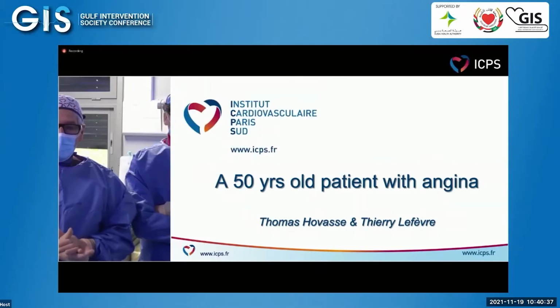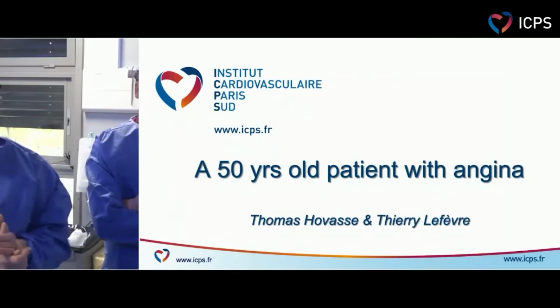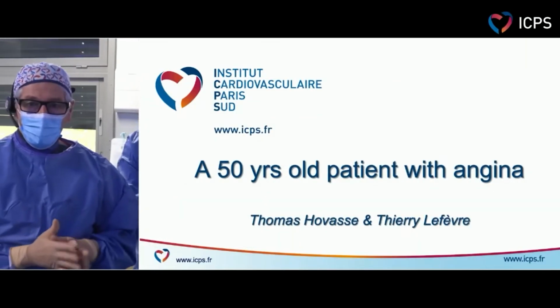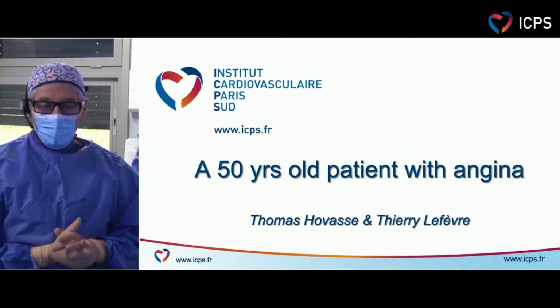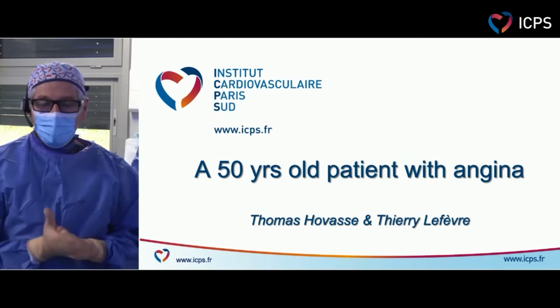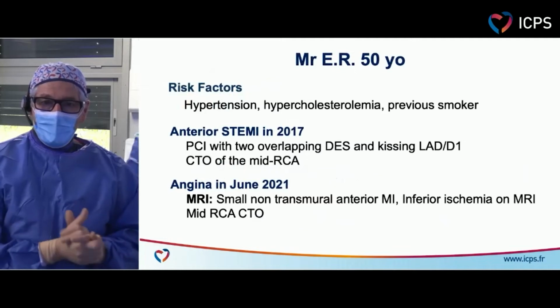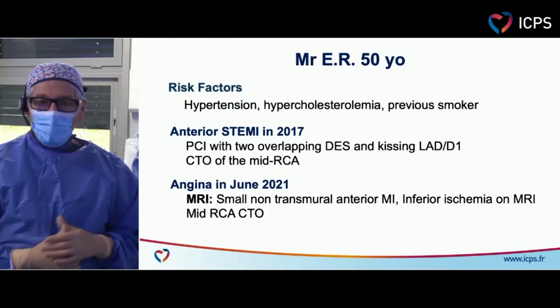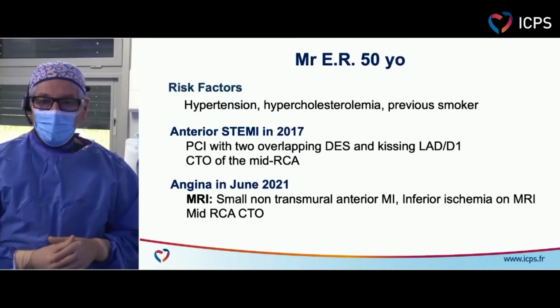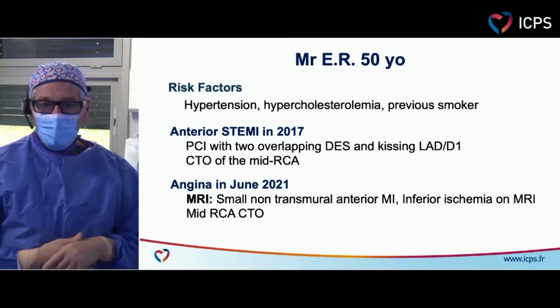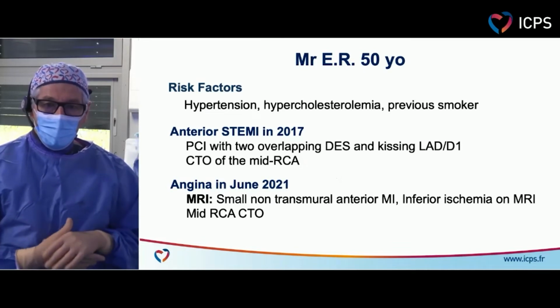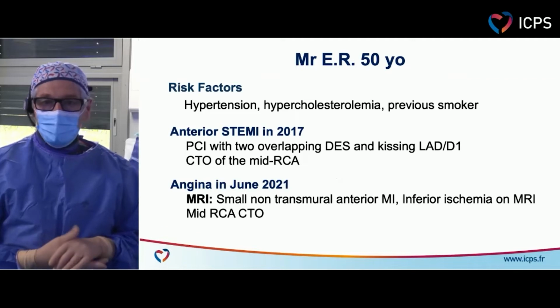Yes, so it's a young patient, 50 years old, who came with angina to our hospital. He had a lot of risk factors: hypertension, hypercholesterolemia. He was a previous smoker, and he had a history of anterior MI in 2017.